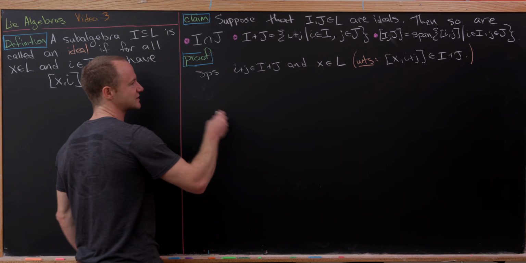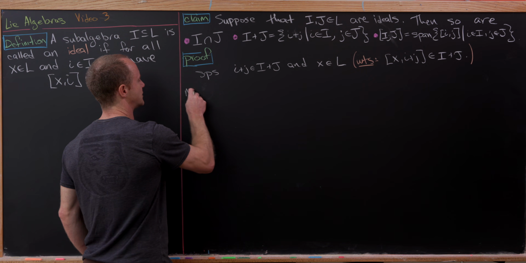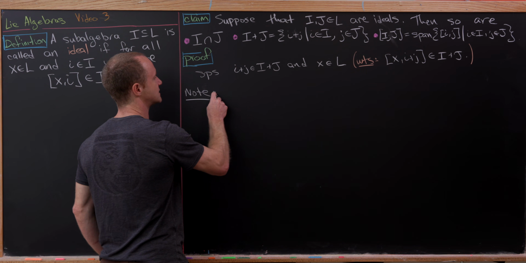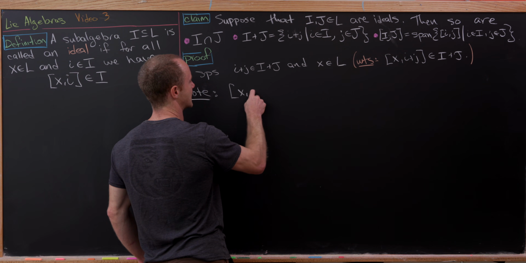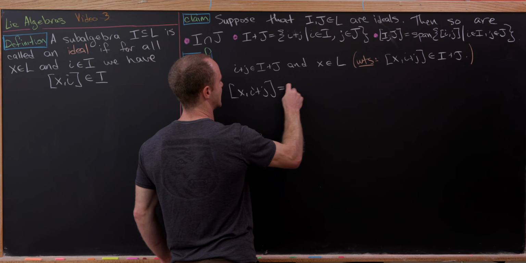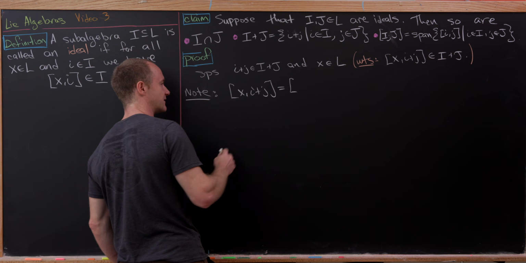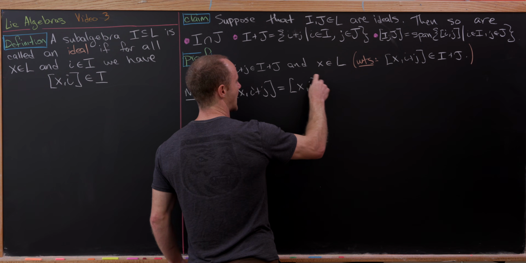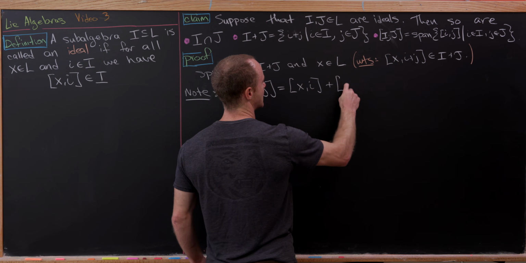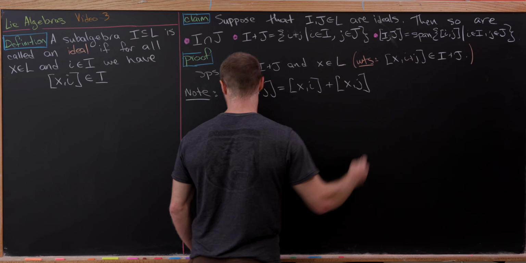Okay, so anyway, let's go through the calculation. So maybe I'll just put here that we will note that if we take the bracket [x, i plus j], then by the bilinearity of the bracket, this will be the bracket [x, i] plus the bracket [x, j].